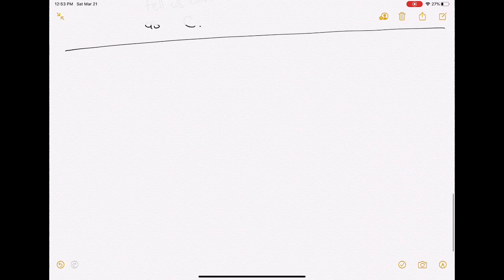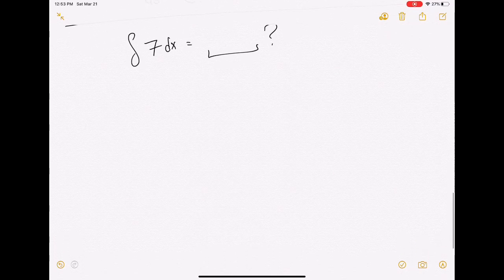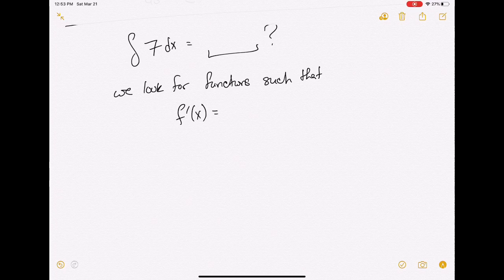So that's a good example of one common antiderivative. And what about other common antiderivatives? Well, let's just do one step up. Let's take the antiderivative of 7 dx. Well, to still be an antiderivative, what do we require? We look for functions such that f prime of x is 7.